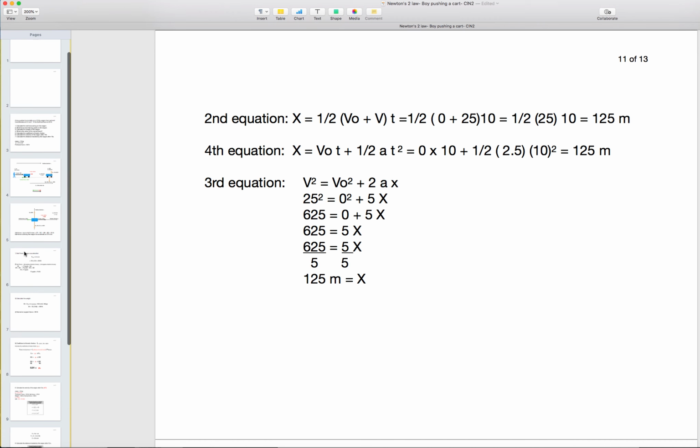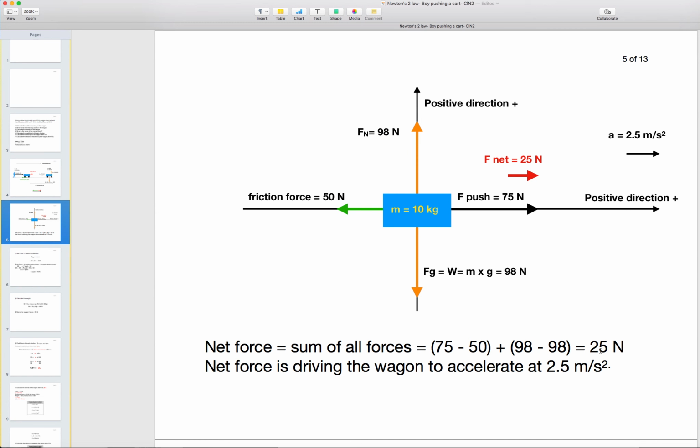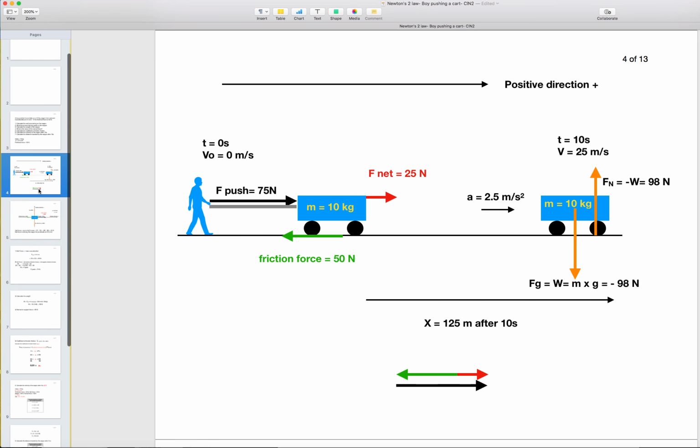All right. I want to mention something here. I would like to give the free body diagram of all the forces acting on the wagon. But let me tell you first that the distance traveled by the wagon after 10 seconds is 125 meters or so.